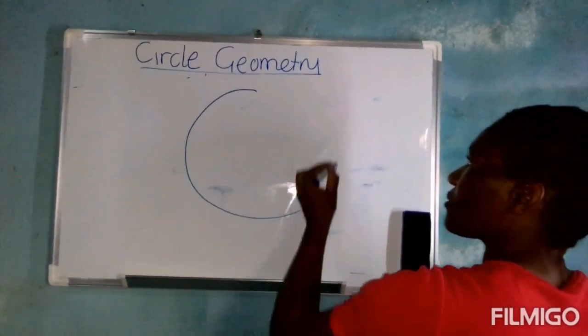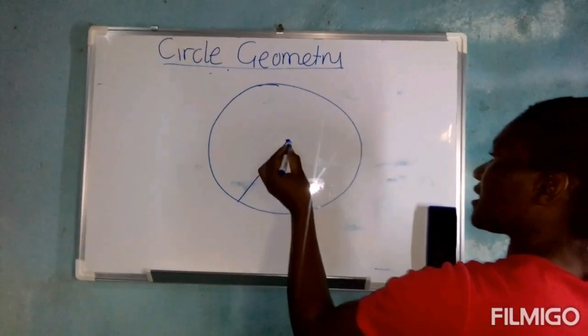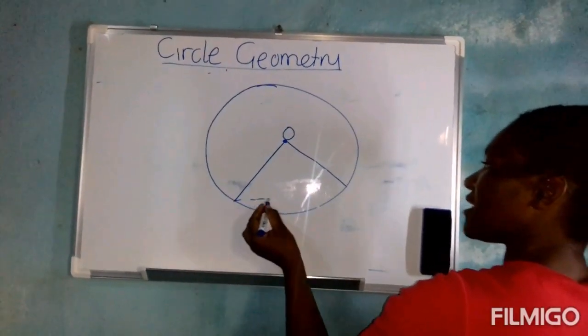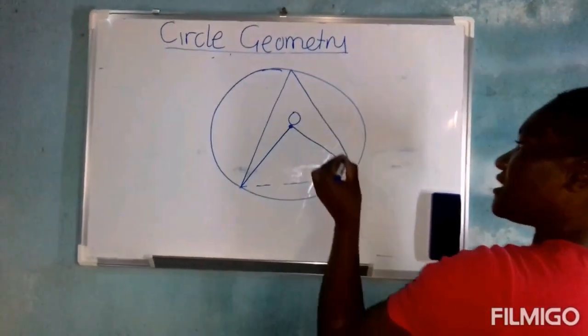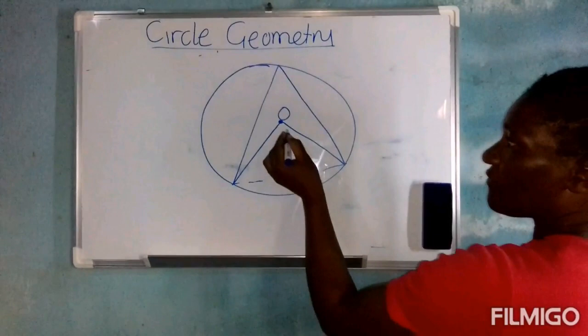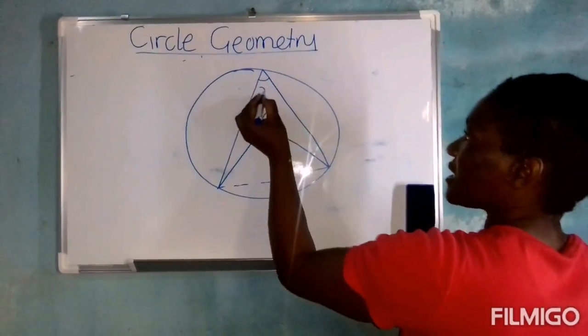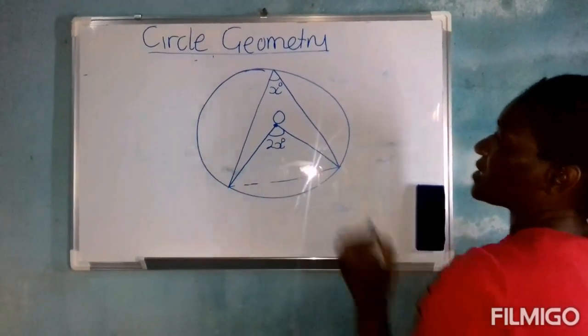Then the second theorem: the angle subtended at the center of a circle is twice that which is subtended at the circumference. If this is x degrees, then this is 2x degrees.